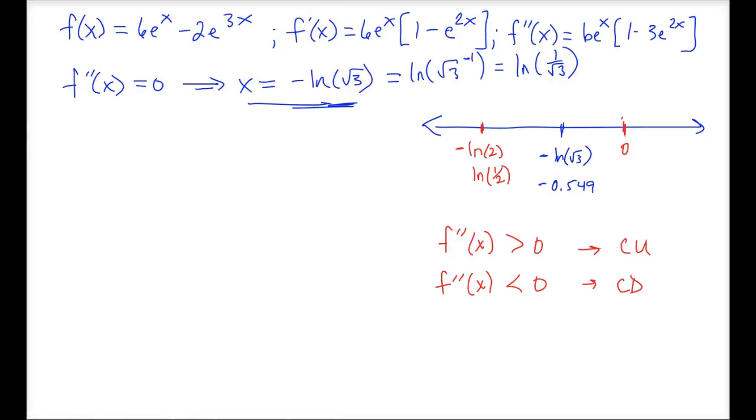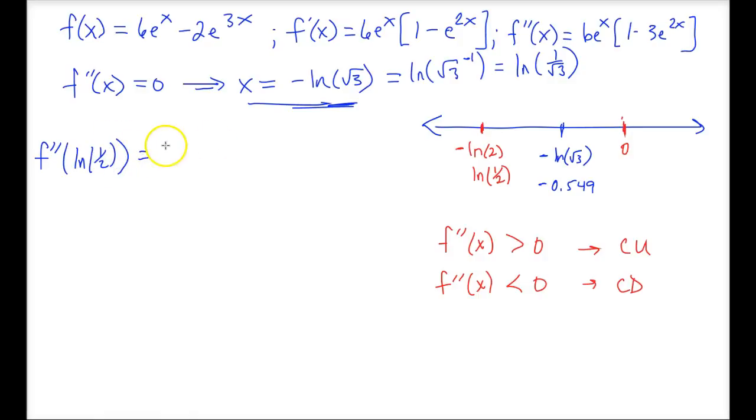All right, so just going to go ahead and start with our first value, which we'll write as natural log of 1/2. So we'll say f double prime of natural log of 1/2.